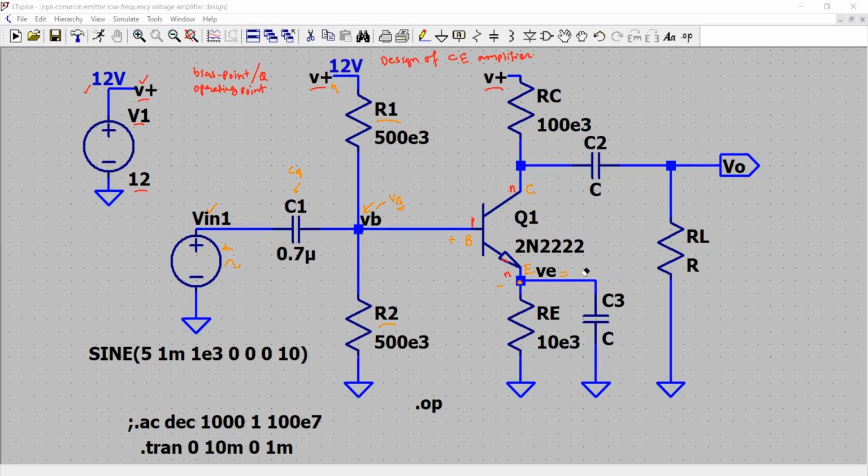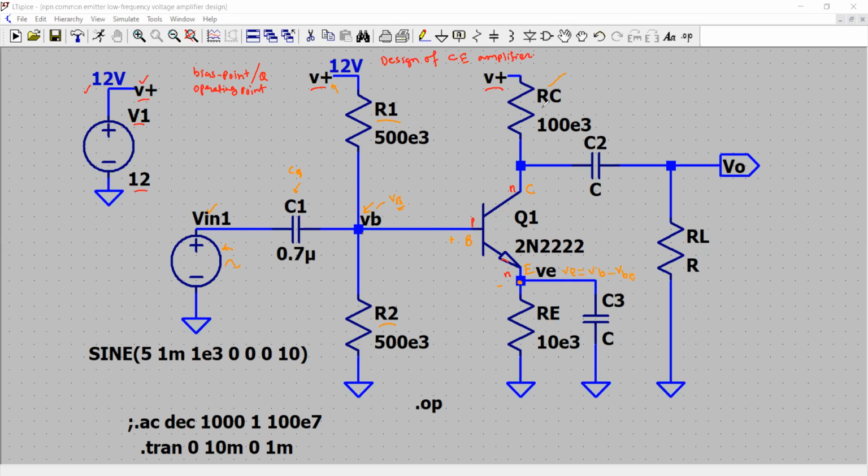That's much better. So VE would be VB minus VBE.